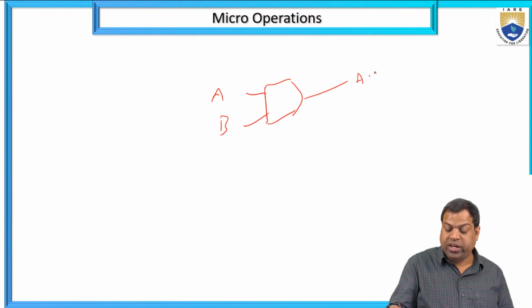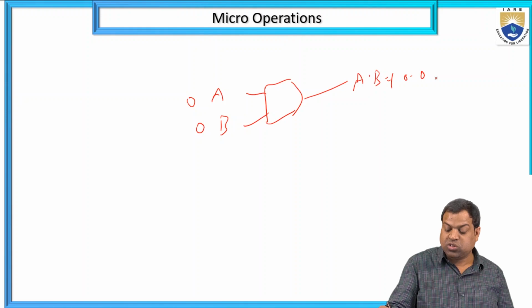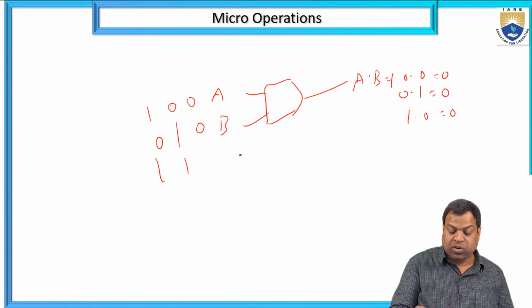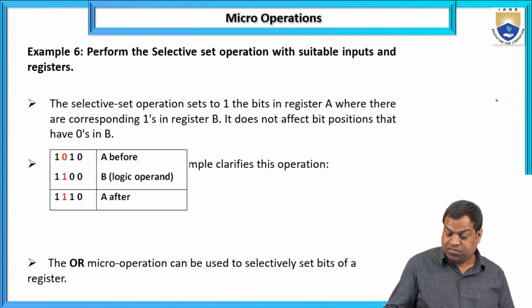The output is A into B. If I give 0, 0, that is 0 into 0, giving 0. If I give 0, 1, 0 into 1, giving 0. If I give 1, 0, 1 into 0, giving 0. If I give 1, 1, 1 into 1, giving 1.